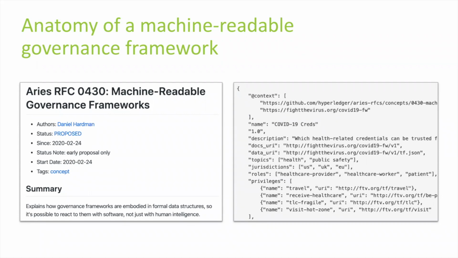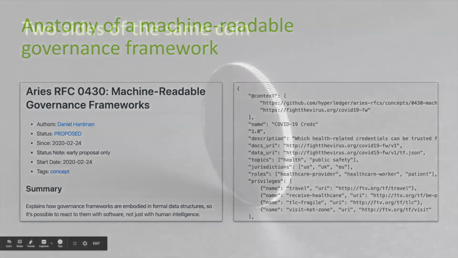This is the kind of JSON that would be consumed by code that would tell software who the issuers are that I should trust if I'm using this governance framework, what kind of rules apply, and so forth. Exactly. We could do an entire webinar on machine readable governance frameworks in this RFC, so highly recommended.